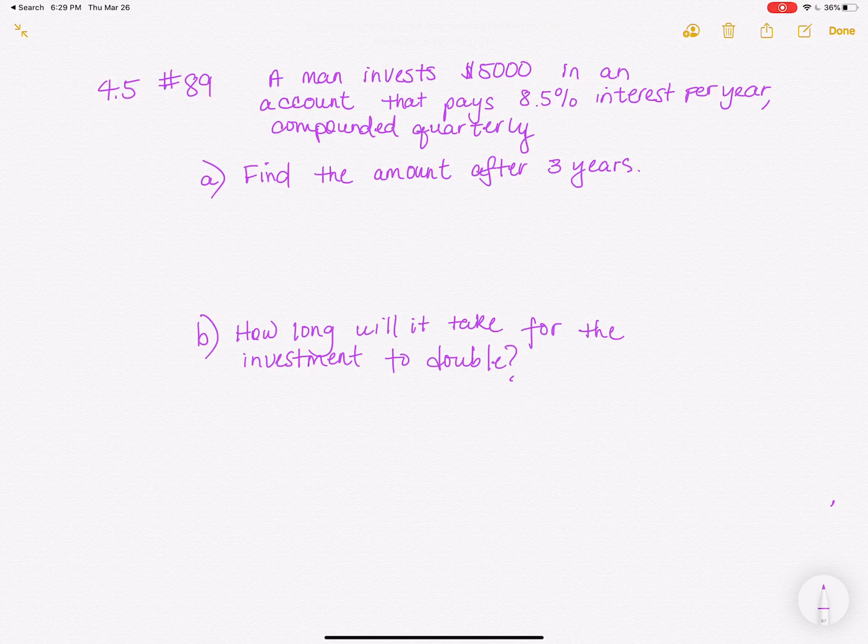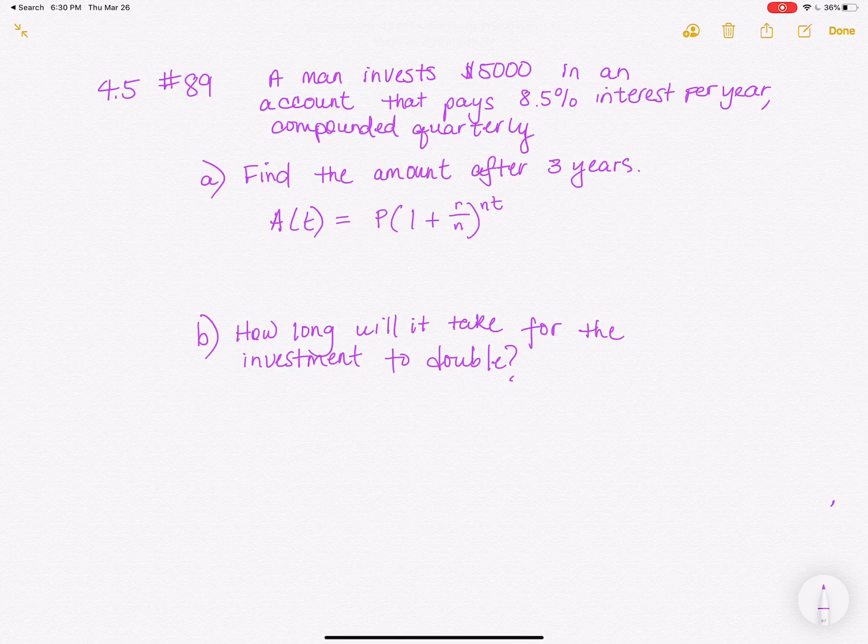And it's a man investing $5,000 in an account that pays 8.5%, and then it's compounded quarterly. All right, so we know that our amount after time t equals the principal times one plus the interest rate, which we call r, over the number of times per year, raised to the number of times per year times the number of years.